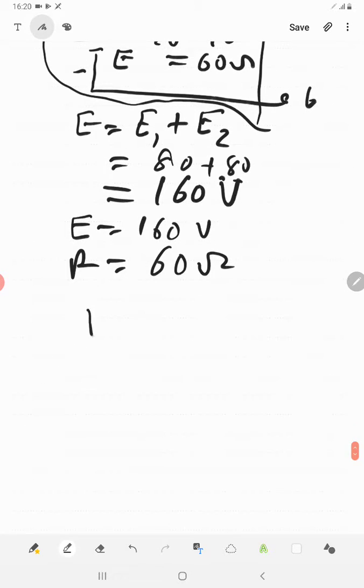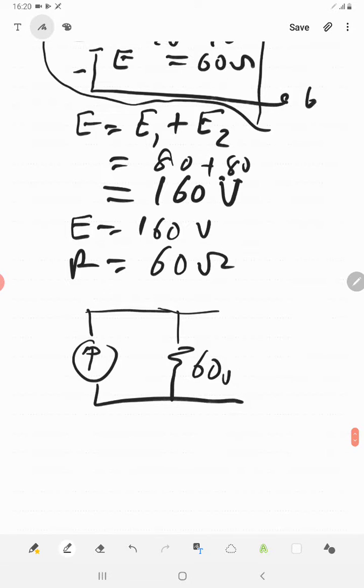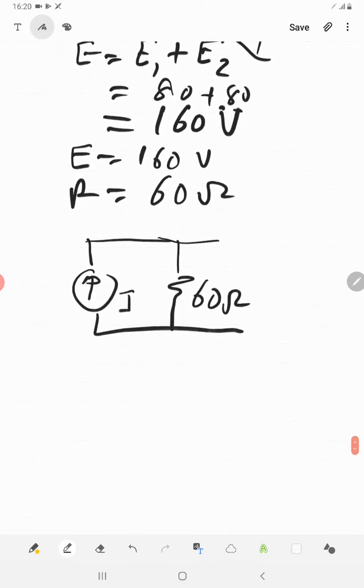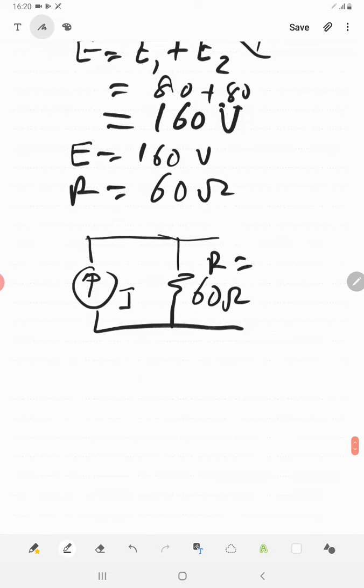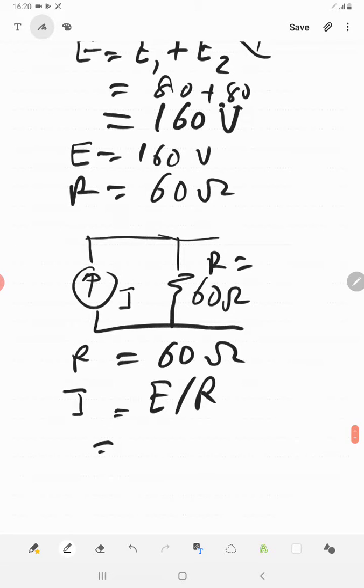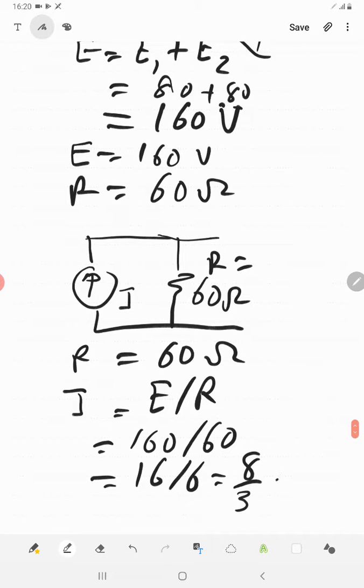This current source I has the same resistor value, 60 ohms, and this is R. So R is equal to 60 ohms, and I equals E over R, which is 160 volts over 60. It will be 16 over 6, which is 8 over 3 amps. Okay, that's basically source conversion. It's very simple.